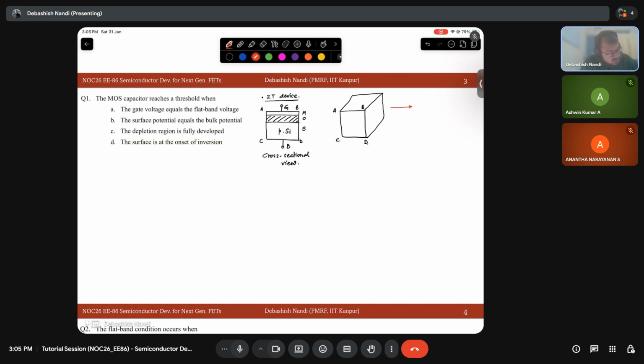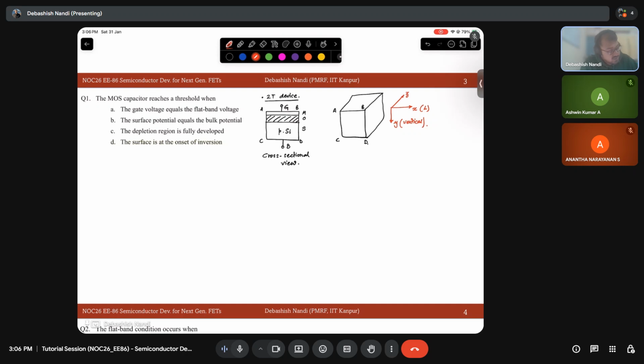This is your length direction, this we call the depth direction, or your vertical direction, and this one is your x, y, z.